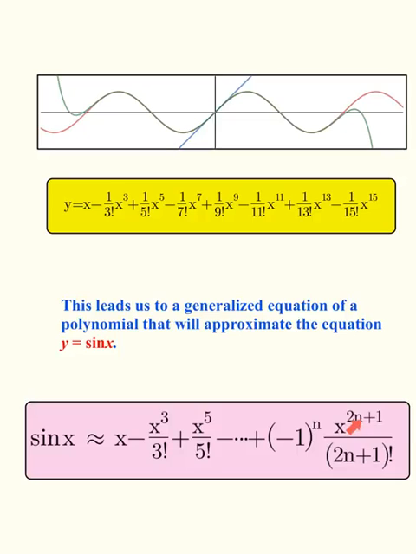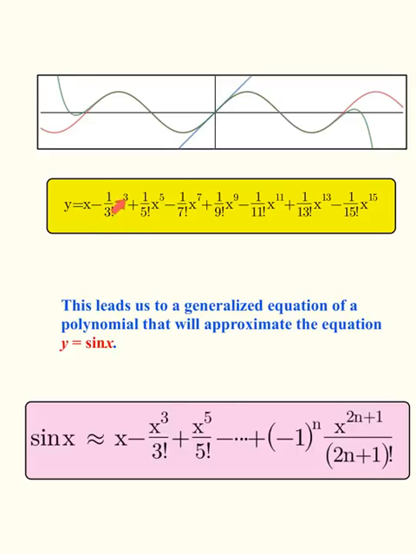So when n is 0, that gives you x to the first power, which is just x. And then you'd have 1 factorial in the denominator. And that gives you your first term up here. When n is 1, you're going to get 2 times 1 plus 1, which is x to the third.